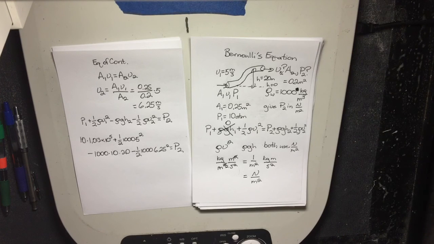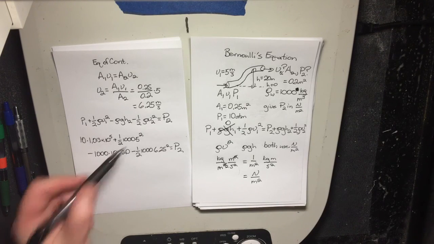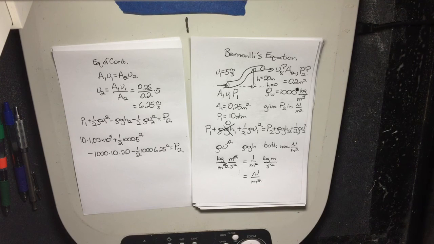10 times 1.013 times 10 to the 5th, plus, another reason why I love using nice densities, 1,000 divided by 2 is 500 times 25, minus 10,000 times 20, minus 500 times 39.06.